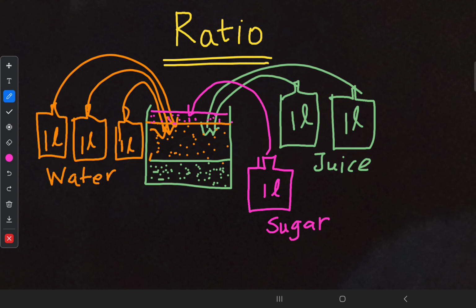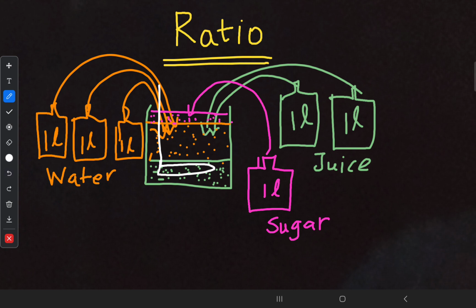We pour all the 3 quantities into the mixture and use a stirrer, that means you should mix. You can use a spoon or an object to mix it, to get the mixture of juice.